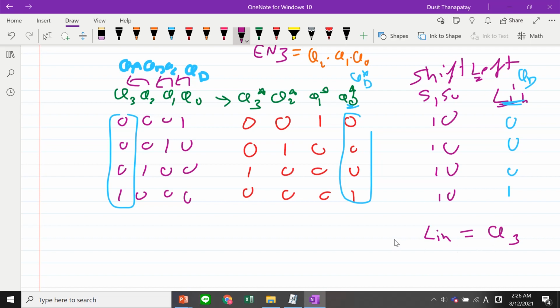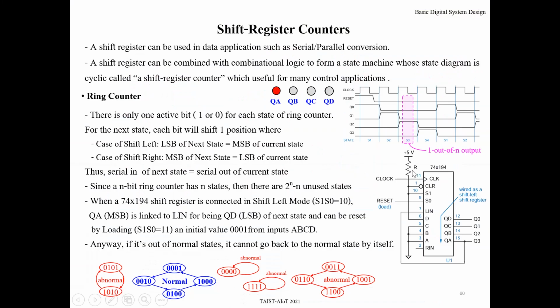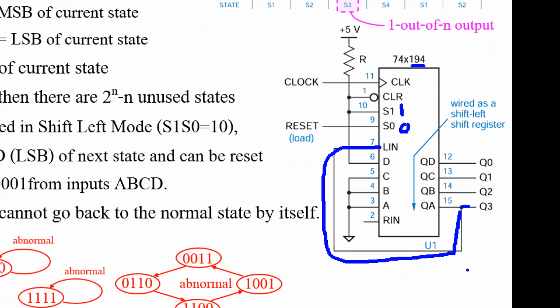So your connection will use this chip, this register IC. You connect Q3 to Lin, and you connect S1 as well, as in shift left mode: 1 here, 0 here.